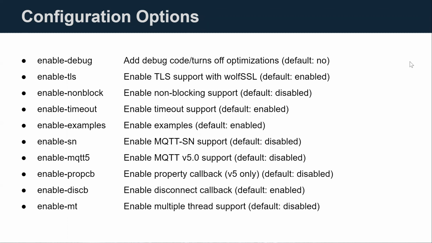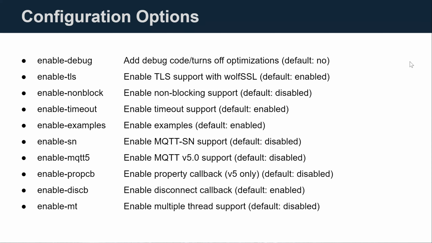As you can see, it's very easy to configure the library for the various protocols and features that are supported. If you disable the TLS support, then the wolfMQTT library can actually be compiled and run completely independent of wolfSSL. But why would you want to give up the world-class TLS connection?